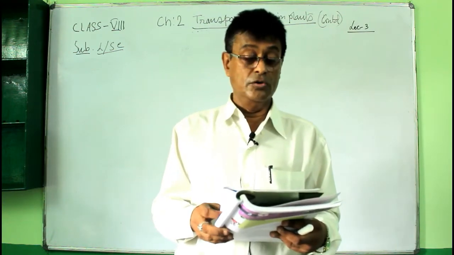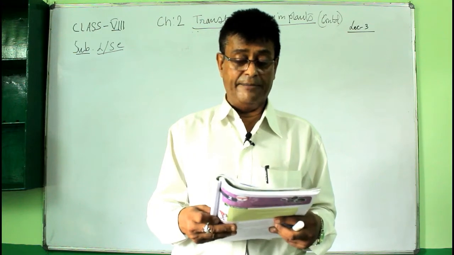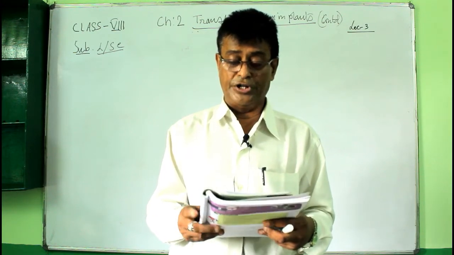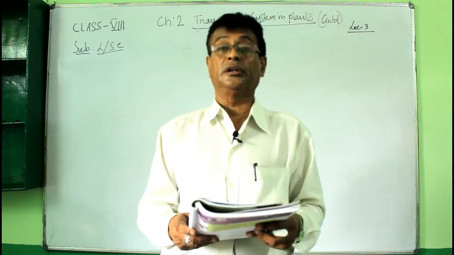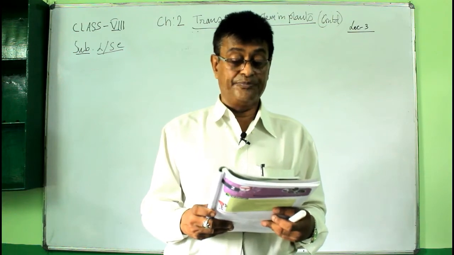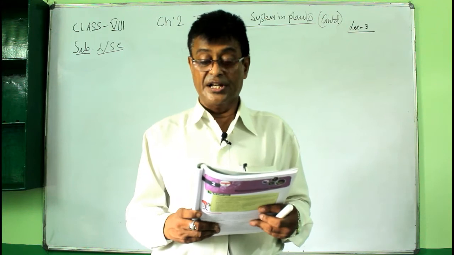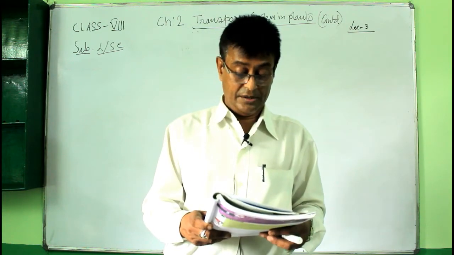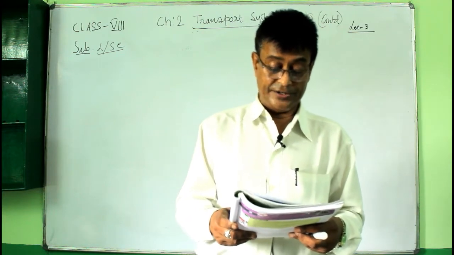Well, number 2, identify the name of the process by which water passes into the root. The answer is osmosis. Number 3, identify the name of the cell structure that acts as a semi-permeable membrane. The answer is the root hairs.